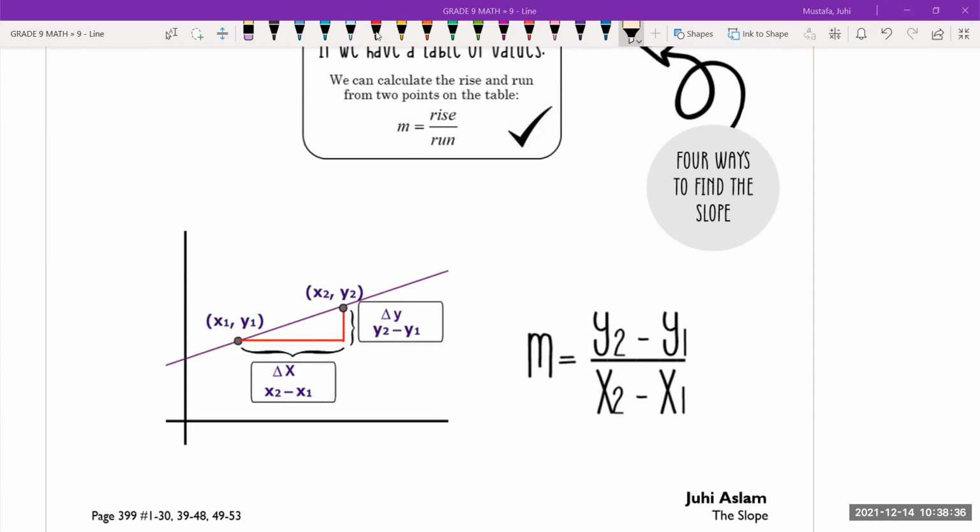So let's say this point right here is y1 and this point right here is y2. To calculate this line, you just subtract these 2 numbers. And if this is x1 and this is x2, to calculate this line, we just subtract those numbers. That's where we get this formula from.